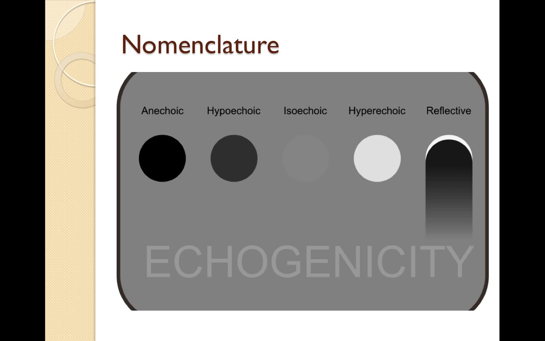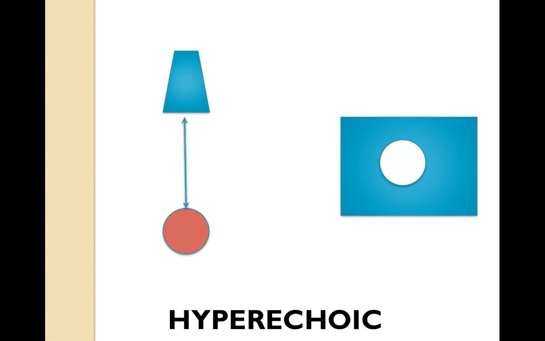If the tissue is hyperechoic, it is reflecting back most ultrasound waves, and it will look bright white on the ultrasound screen. And tissue like fluids or blood doesn't reflect any echoes, so it will look black on the ultrasound screen. Like that, nomenclature is made.